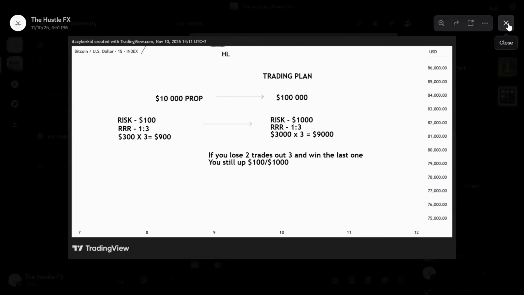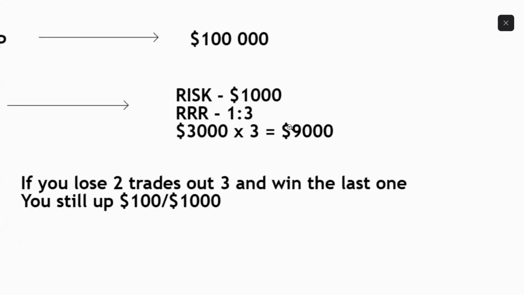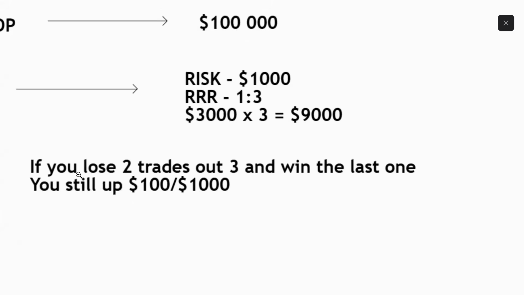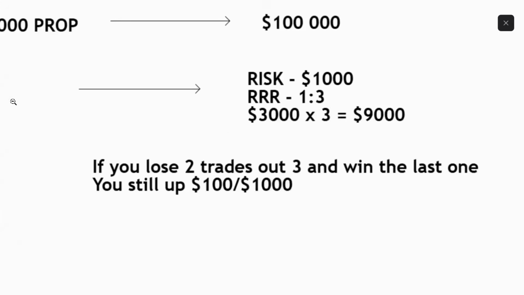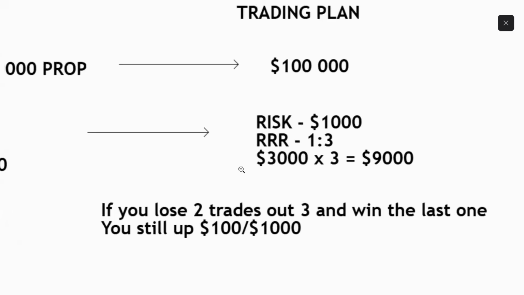And on a good day, if you've won all three trades, you are able to make $9,000. And if you lose two trades out of three and you win the last one or the first one, you're still up $1,000 for the day.